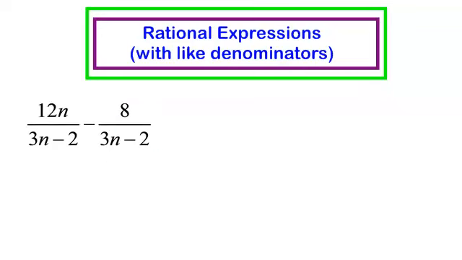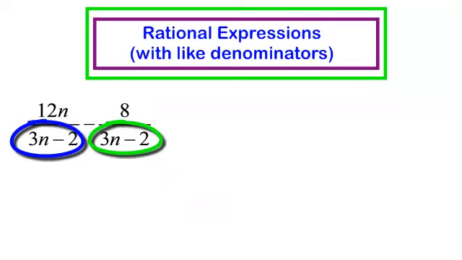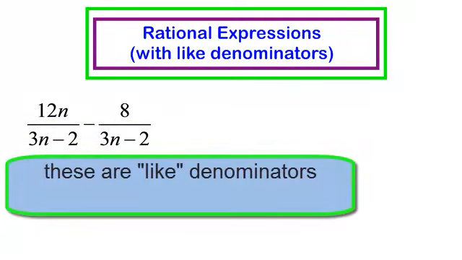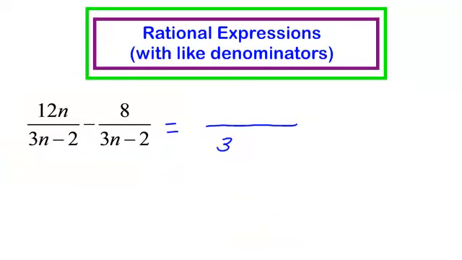We have 12n over 3n minus 2 minus 8 over 3n minus 2. Are these like denominators? Yes, they are. Our answer will equal something over 3n minus 2. I have 12n minus 8.